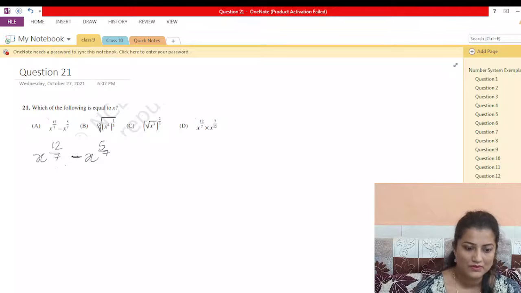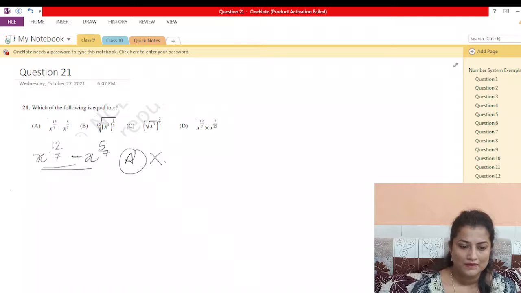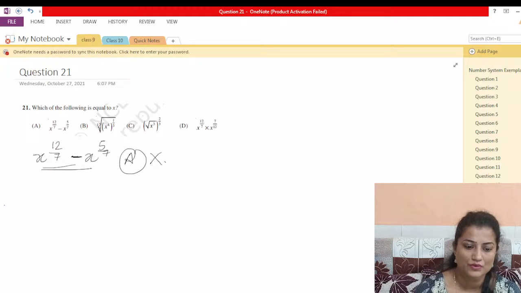Now in subtraction you cannot add or subtract or multiply the powers, so this is difficult to solve, so this option is wrong.